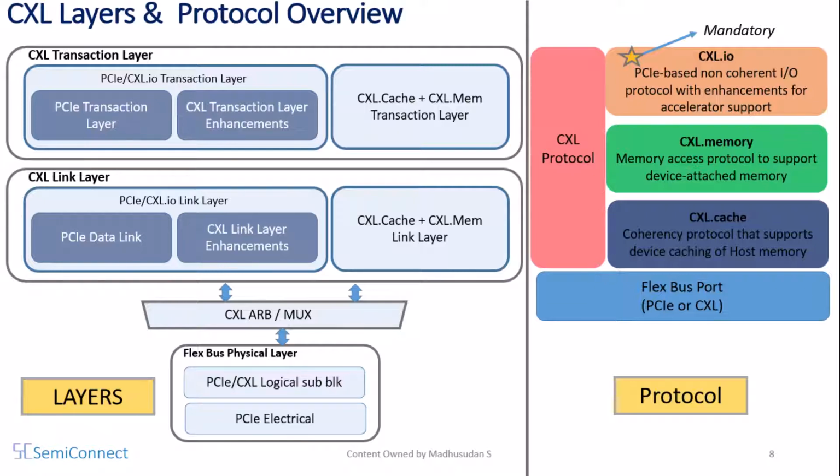If you can recall, PCIe is a packet-based protocol. PCIe packets typically can be 128 bytes, and can go all the way up to 4 kilobytes. So that's how PCIe works.